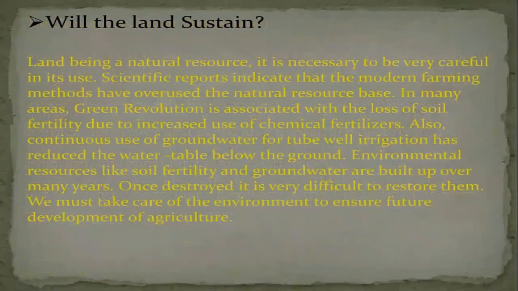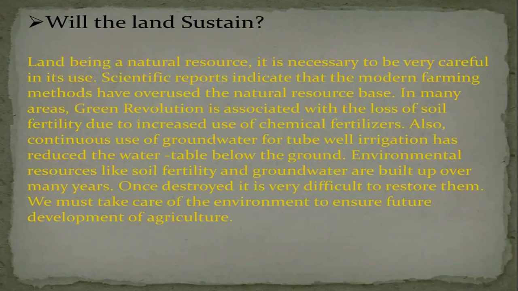Now, when we started doing all these things to the land, the question that arose was, will the land sustain? Land is a natural resource and we have to be very careful with its use. There are scientific reports that indicate that these modern farming methods have overused the natural resource base.